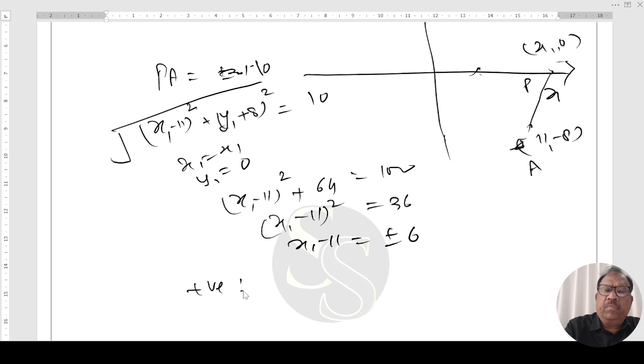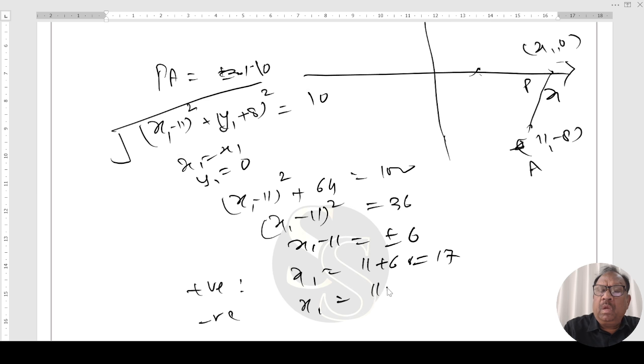Considering the positive sign, x1 comes out to be 11 plus 6, that is 17. Considering the negative sign, x1 comes out to be 11 minus 6, that is 5.